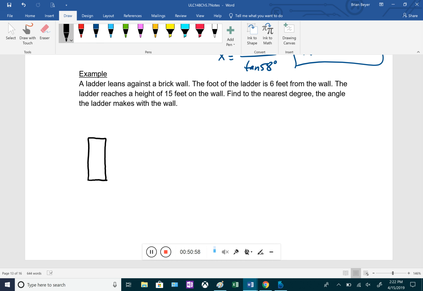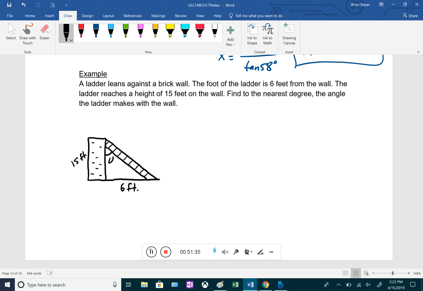We can draw the ground going to the base of the ladder now. The ladder goes to a height of 15 feet on the wall, so the wall has a height of 15. The foot of the ladder is 6 feet from the wall, so right here is 6 feet. We're looking for the angle the ladder makes with the wall, so we're looking for this angle right in here.